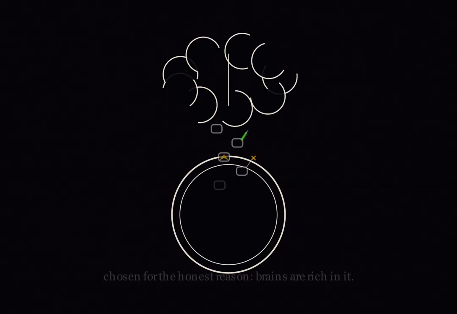And almost every one of those measurements began with the same material, tubulin, purified from brains. Brain tubulin, chosen for the honest reason that brains are rich in it, and it comes out of them in quantity. There is an irony in that choice, and the field knew it.